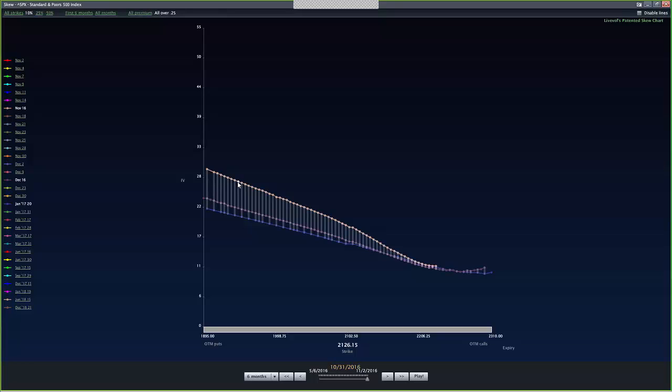Hence, when implied volatility is higher, it makes the price of the option higher. Since the price of the option is higher on my short strike, that's why I haven't made as much money as I would have liked. Now, I assume that you guys know that you lost money, but that's the reason behind it.